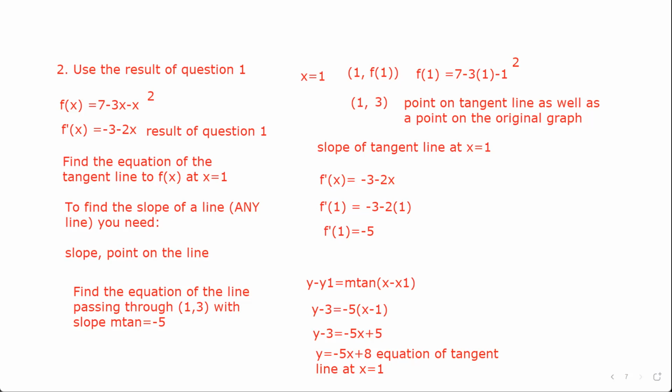And then you use that number for the slope and the point they've given you, and you might have to plug that into the original function to get the second y coordinate so that you can write your equation. Does that kind of help you see where you're going? Yeah, it does.